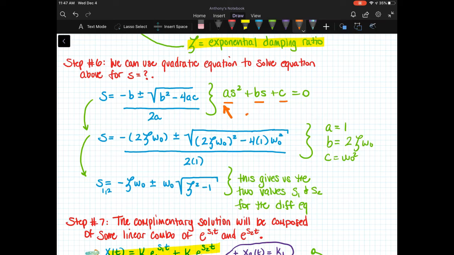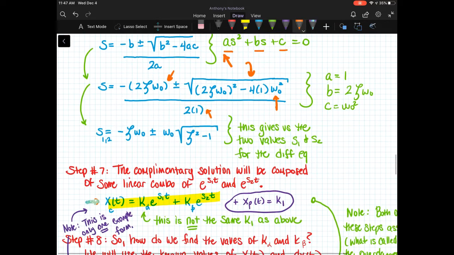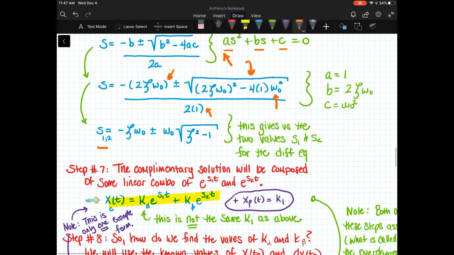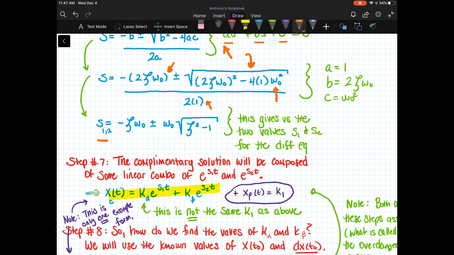If we take that implementation and apply it to the characteristic equation, where, for example, b is 2 zeta omega 0, a is equal to 1, c is equal to omega 0 squared, we end up with the solution that's shown here, which is minus zeta omega naught plus minus omega naught times the square root of zeta squared minus 1. And so this gives us the values of S1 and S2 for the differential equation.